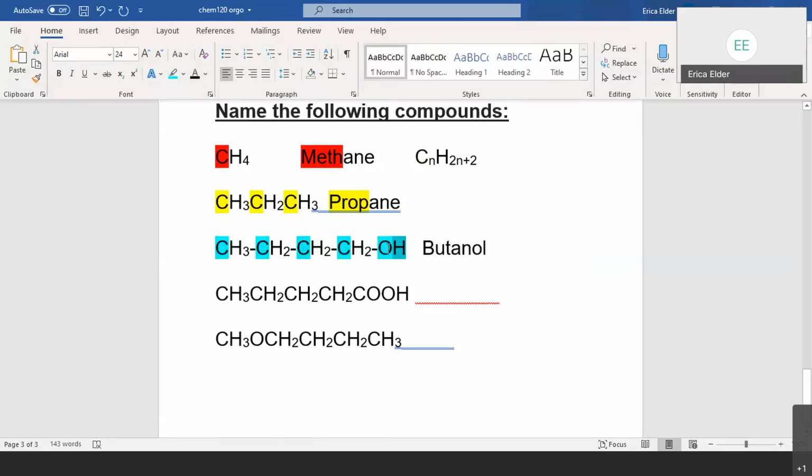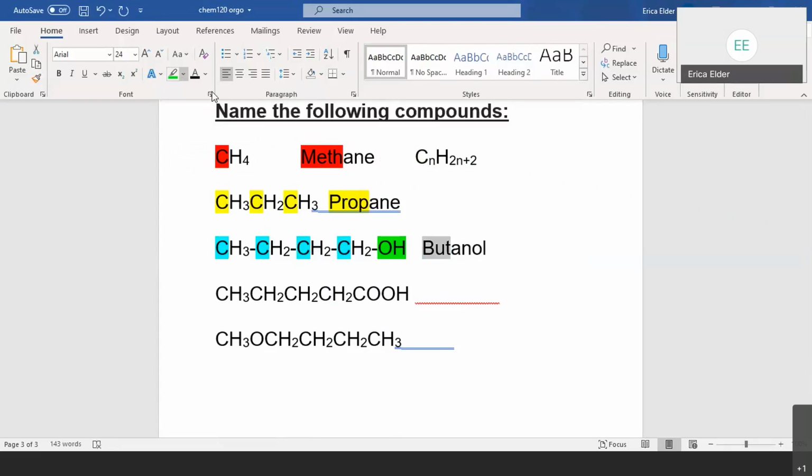So let's change these colors just a bit. Alcohol will turn. So here we have but. That is going to be associated with our number of carbons.